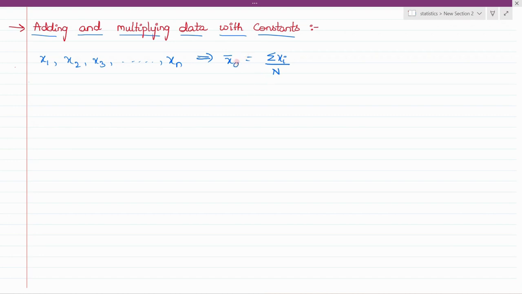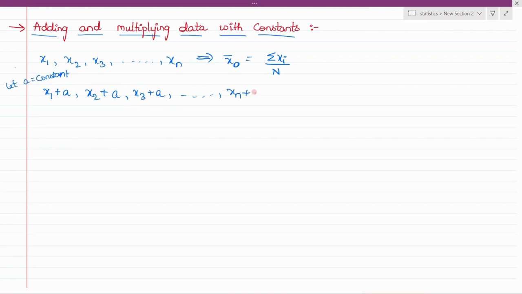This is the original mean or the old mean. Now, if we add a constant to all the data observations, let a be some constant value, so we are just adding this a to all the data points.